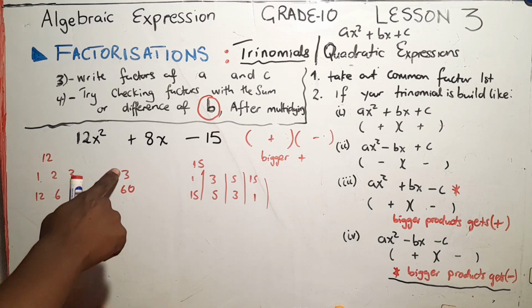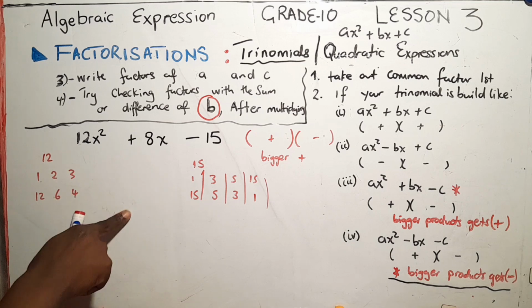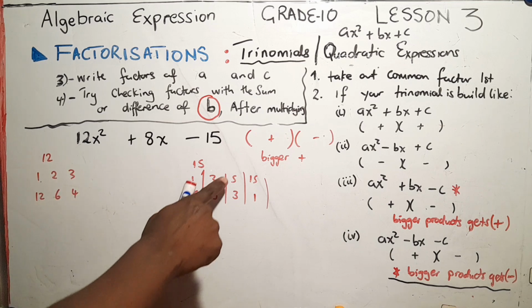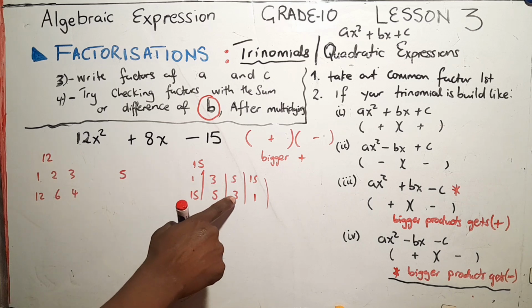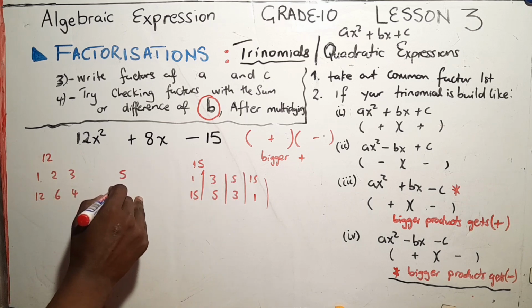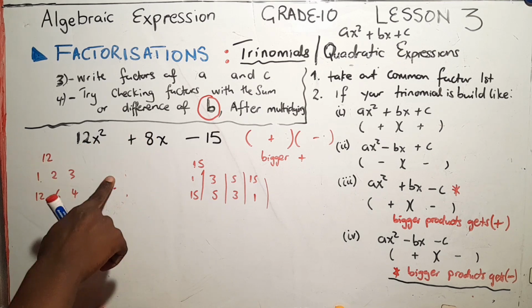Yes. So obviously this cannot give us the difference or the sum of 8. So these ones won't work out. So let's try these values with these values. 1 multiplied by 5, it is 5. And 12 multiplied by 3, it is 36. So obviously these two cannot give us the difference or the sum of that. So it means that this doesn't work out.